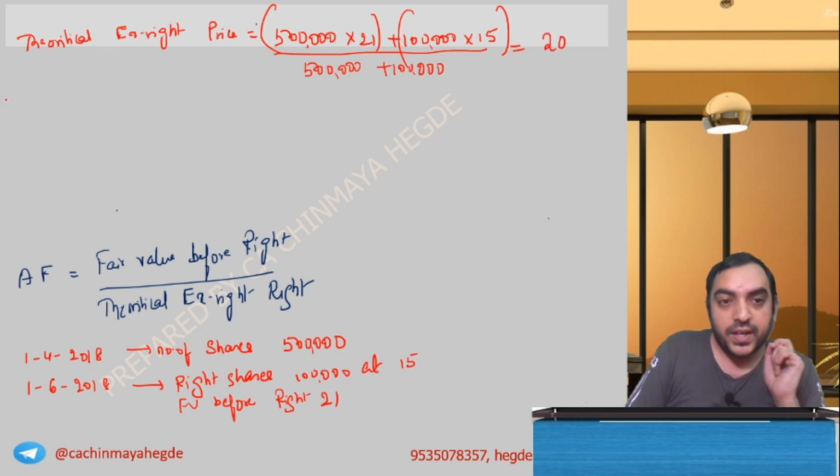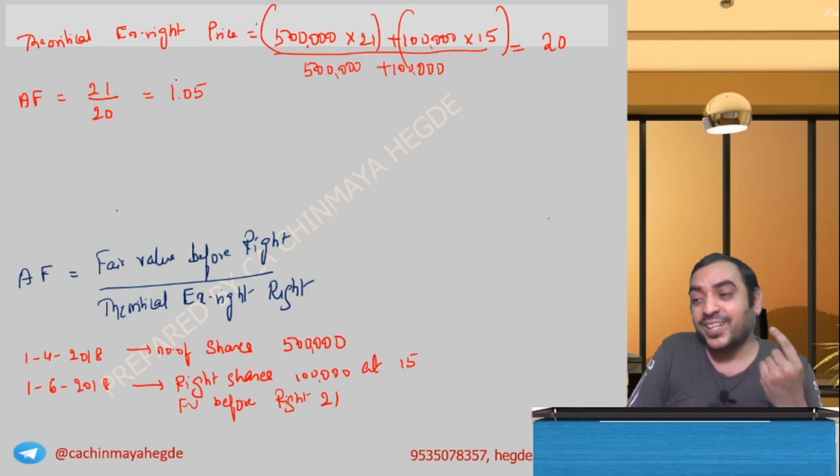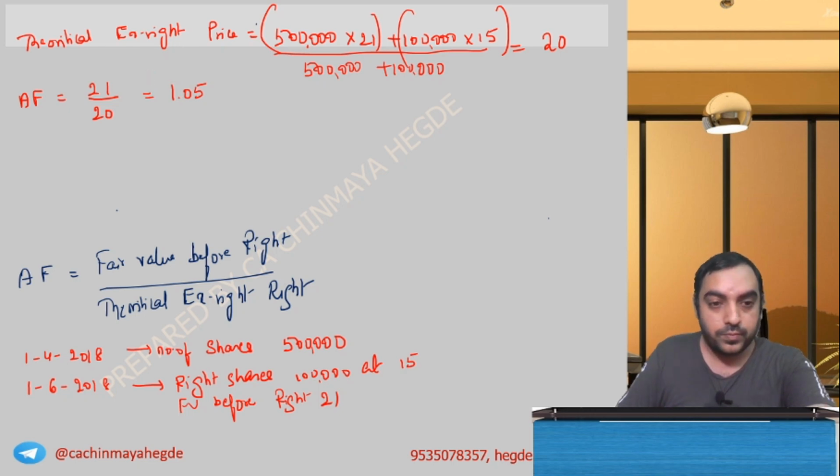So what is the adjustment factor going to be? Fair value before the right is 21, after the right is 20, so 1.05. So 0.05 basically represents the bonus element. I'll prove it later. Okay.